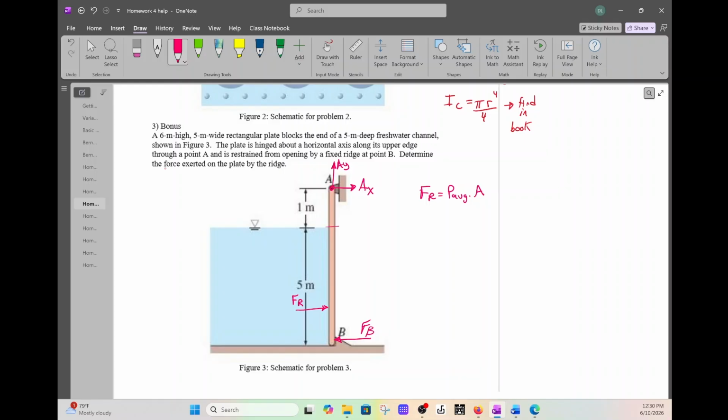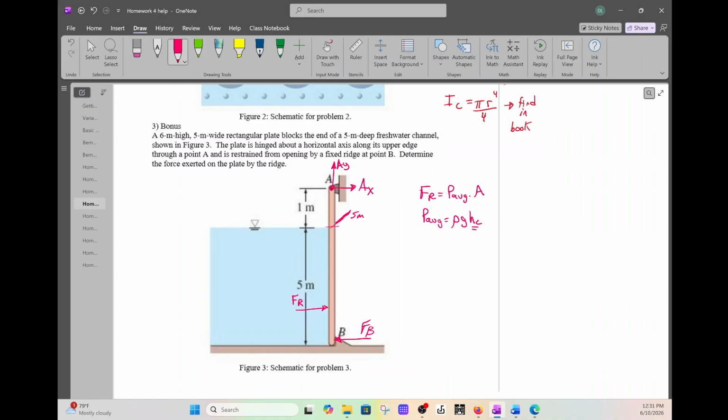So you're only looking at the water level, and this goes back 5 meters in and out of the page. So we know the area. P average is rho g HC. We can find HC from the water level down. We know the density. Is there a specific gravity on this one? Nope. So just use regular water, 1,000 kilograms per meter cubed.